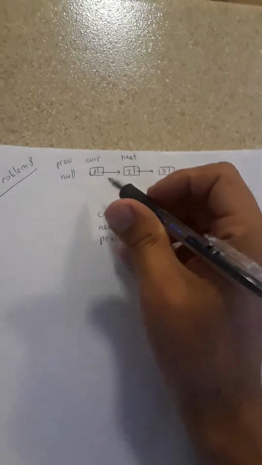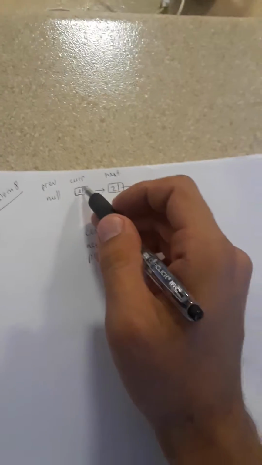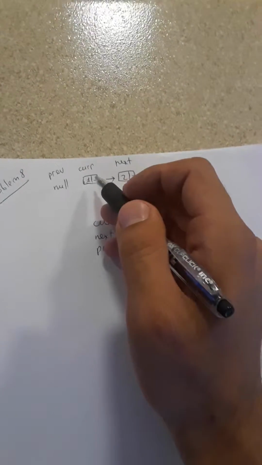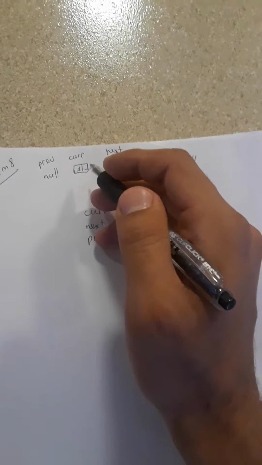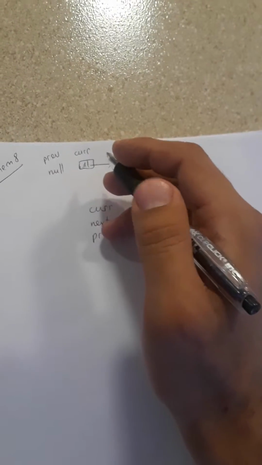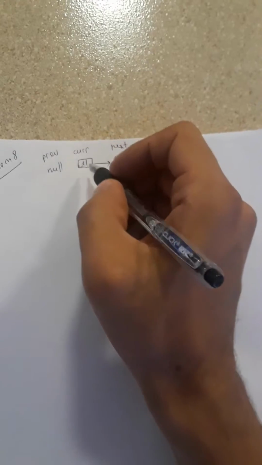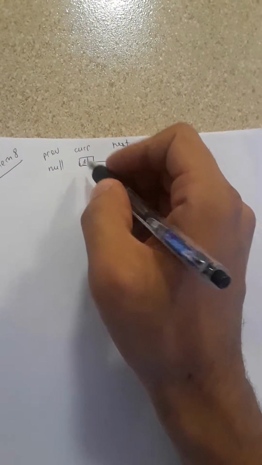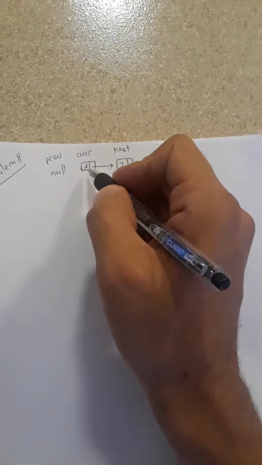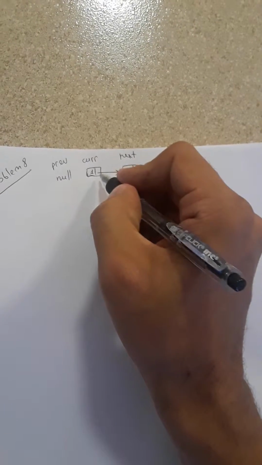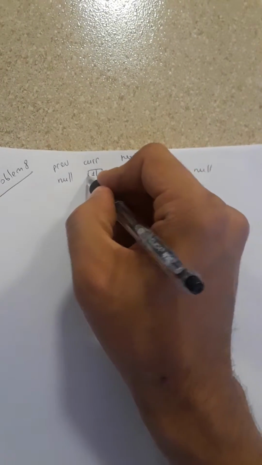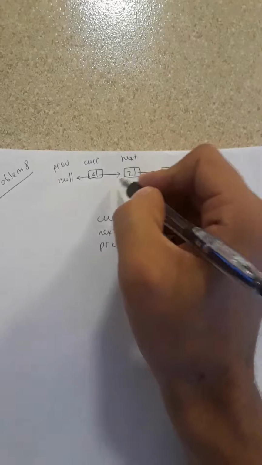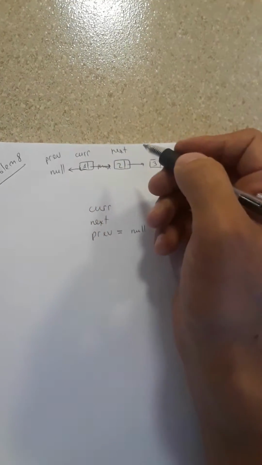After that, we will just change the pointers of each node. So for example, current next will be pointing to the previous, and we will remove this pointer.